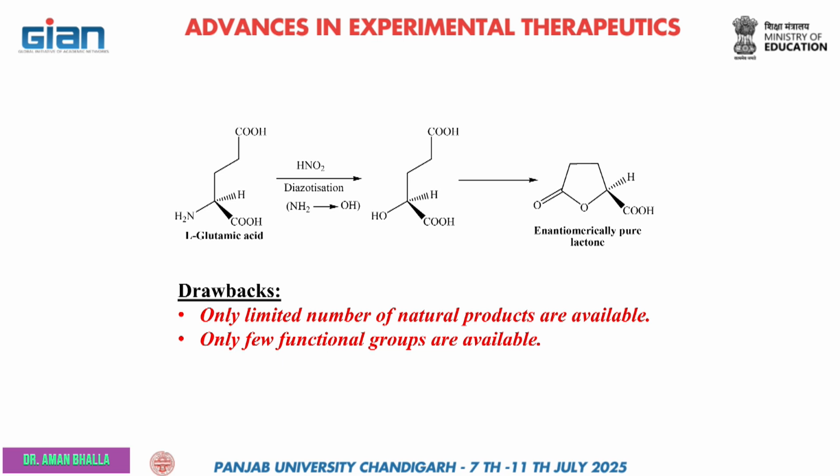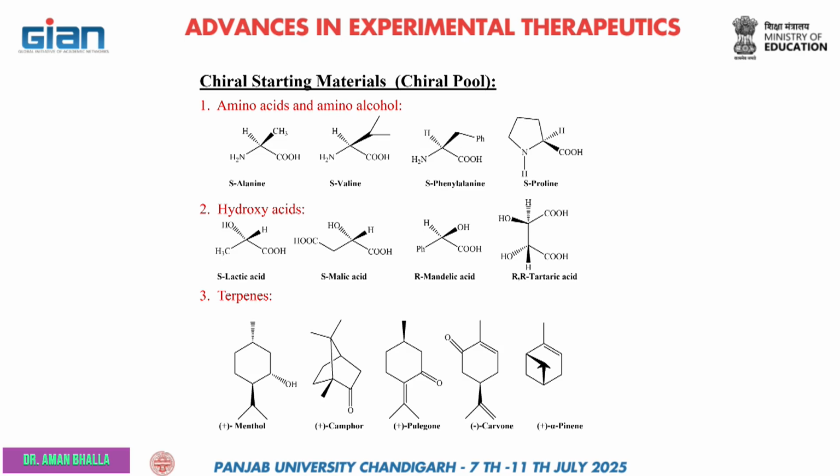सो we move to another method, but this is just a list that these chiral starting materials they have been already provided by nature, so it is called chiral pool. Okay, so the question comes, what is chiral pool? It is a list of molecules which has been already available in your nature, which has been extracted from different plants and sources, which can be used for the chemical synthesis of chiral products.